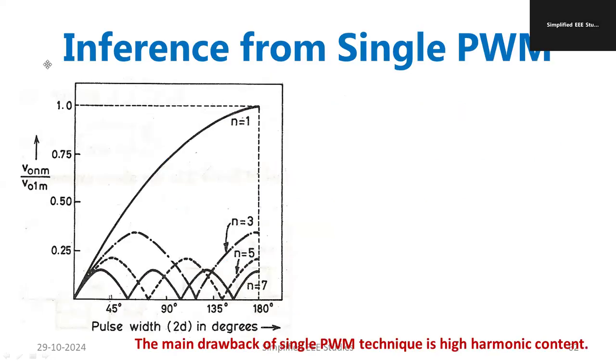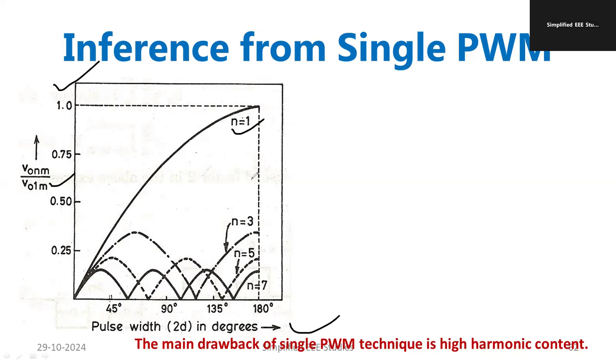There is one graph which depicts the large number of harmonics present in single pulse PWM inverter techniques. Here V naught n divided by V01 is the nominal voltage, and you are varying it with respect to the firing angle. If you consider this, you can say there are many harmonics.